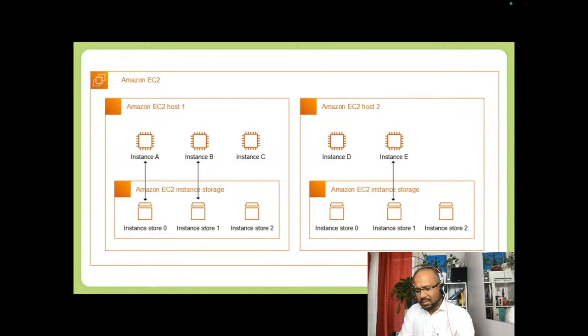Imagine this is host one, and we have another here, host two. When we launch an EC2 instance, it gets launched on this host. What is this host? A host is nothing but a big server. Imagine something like your laptop. This host is similar to your laptop, but with bigger capacity.